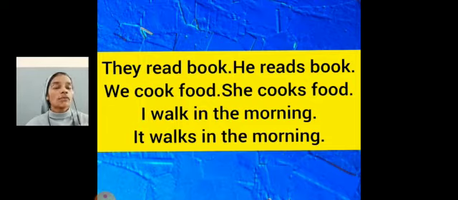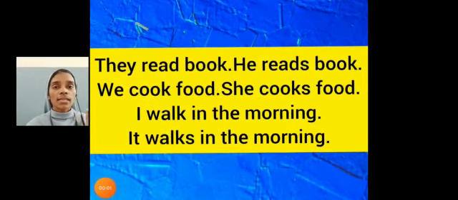Then we cook food. Here the subject we is plural, so there comes the base form of the verb, cook. Next, she cooks food. Here the subject is third person singular, she, so the verb adds S to it, cooks.